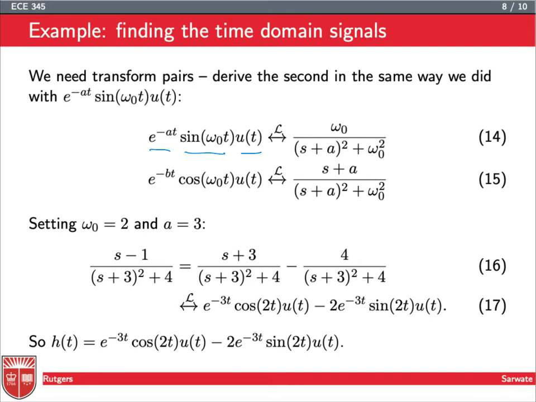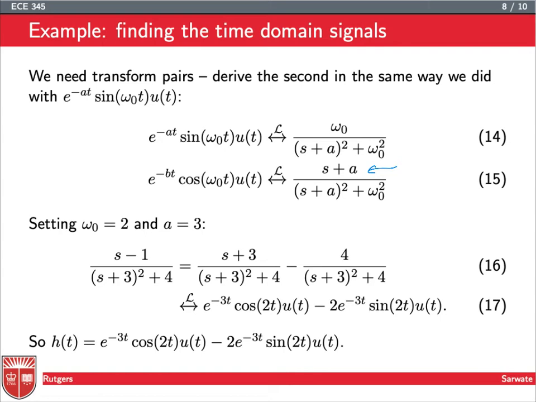A is the rate of decay of this exponential, and omega naught is the frequency of this sinusoid. And similarly, if we have a cosine, e to the minus at times cosine omega naught t, we're going to get s plus a in the numerator this time instead of omega naught, but with the same denominator.